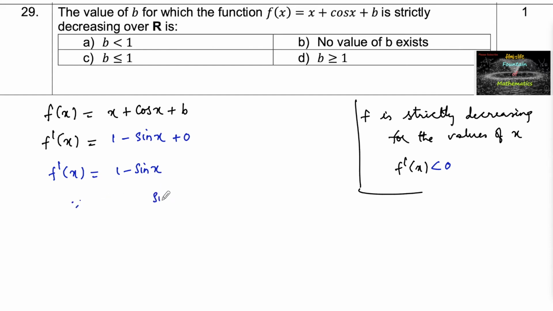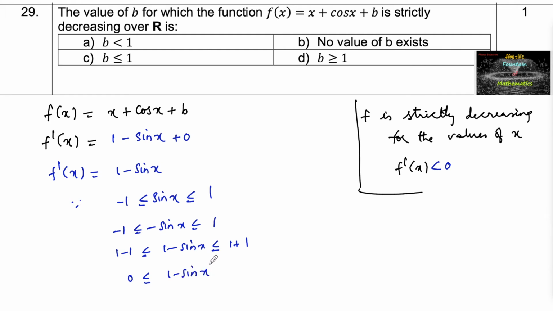Since sin x lies between minus 1 to plus 1, negative sin x also lies between minus 1 to plus 1. And then adding 1, 0 is less than or equal to 1 minus sin x, which is less than or equal to 2.